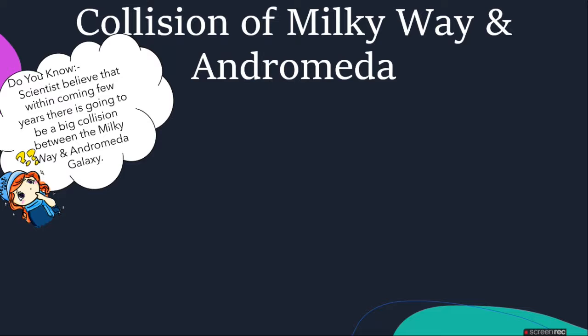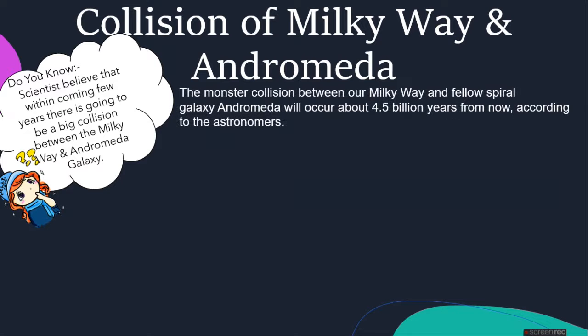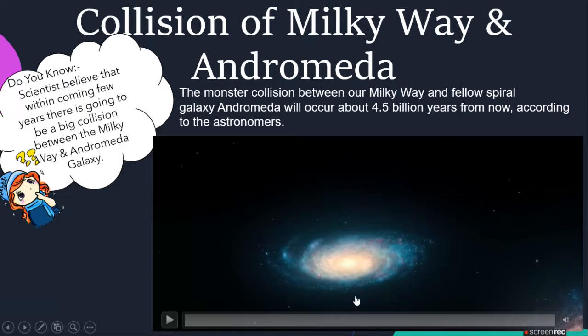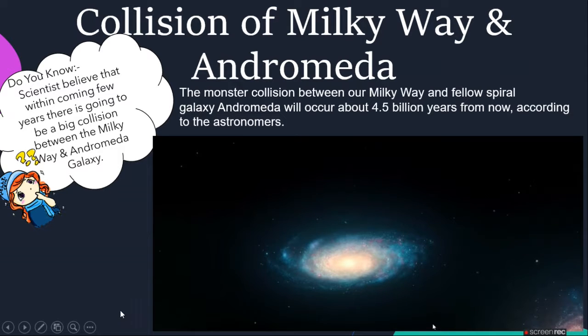Collision of Milky Way and Andromeda. The monster collision between our Milky Way and fellow spiral galaxy Andromeda will occur about 4.5 billion years from now, according to astronomers. Here I have a small video clip for you.